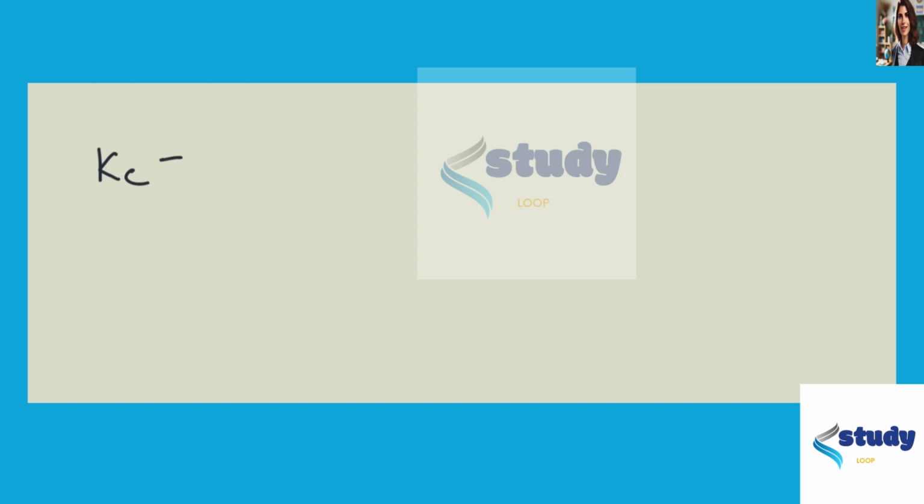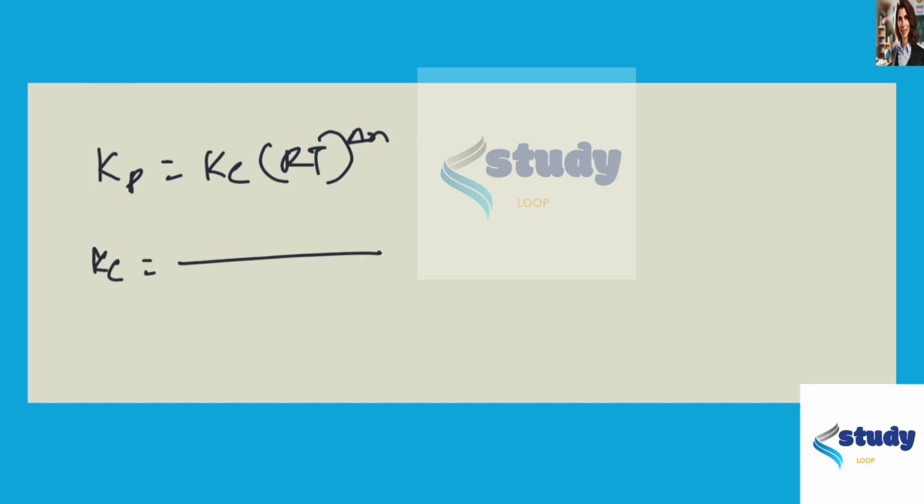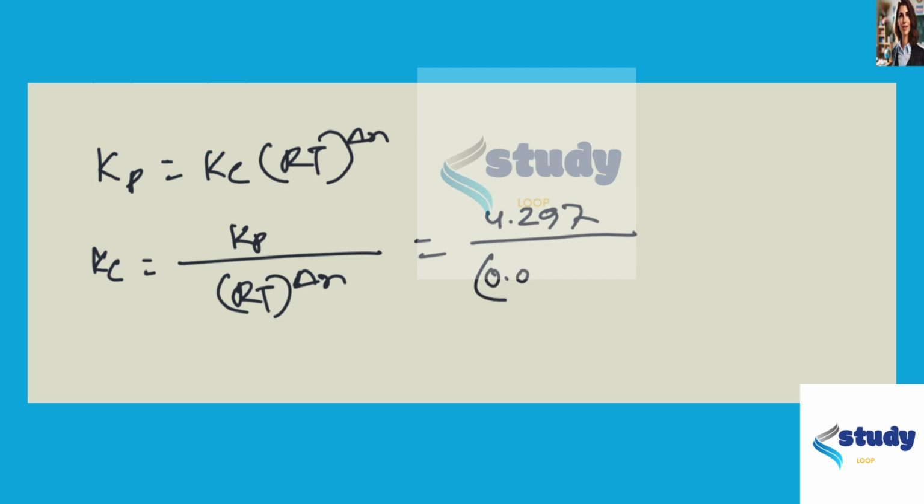So Kp is equal to Kc (RT) to the power del N. That means Kc will be Kp over (RT) whole bracket del N. And from here, we have already calculated the value of Kp as 4.297, over the value of R, which is 0.0821.